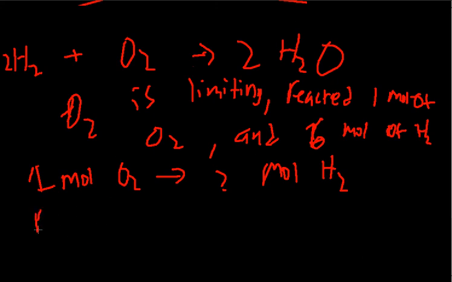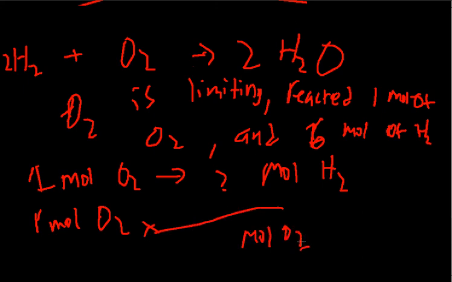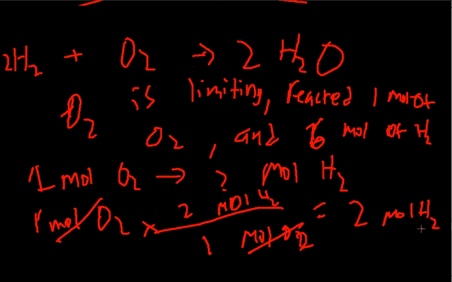So we take 2 moles of hydrogen per 1 mole of oxygen, we cross these out, and we get 2 moles of hydrogen used up.